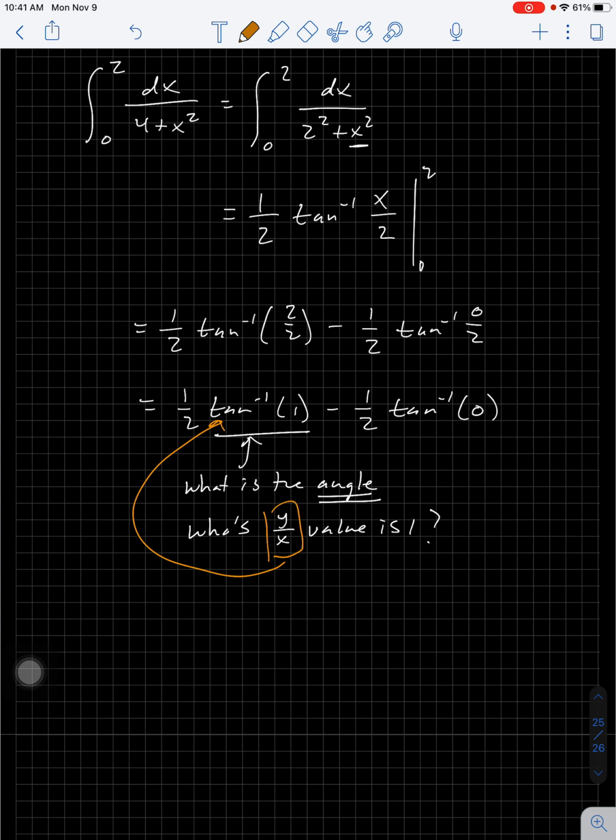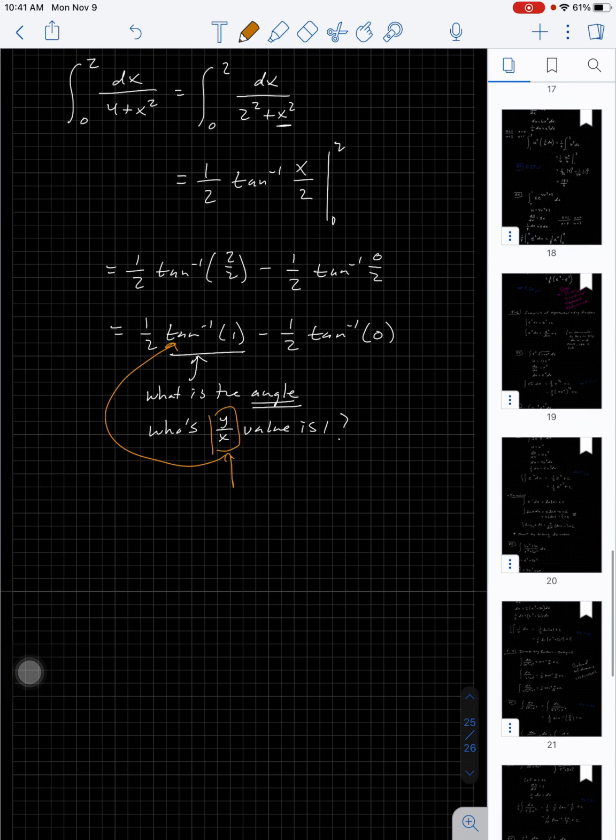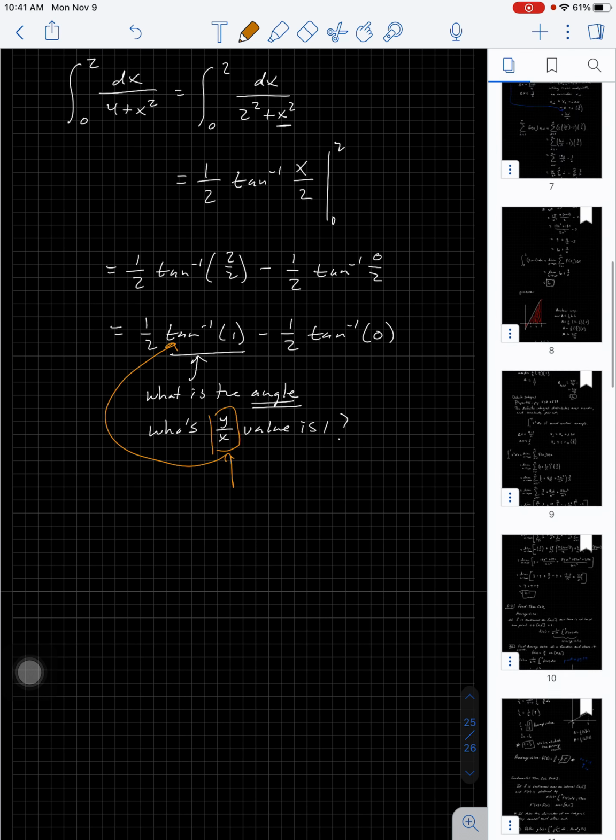That's how the tangent is defined. If it was the sine, then you'd be looking for the angle where the y value is 1. If it was the cosine, you'd be looking for the angle where the x value is 1. So I need to go on the unit circle, take all of my coordinates, take y divided by x, and try to figure out where that is 1.